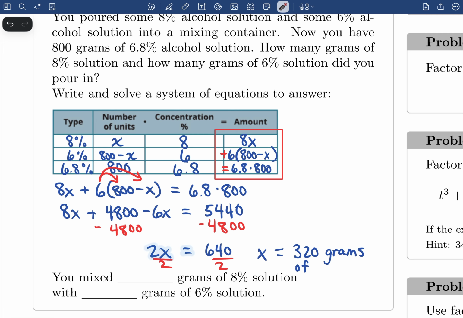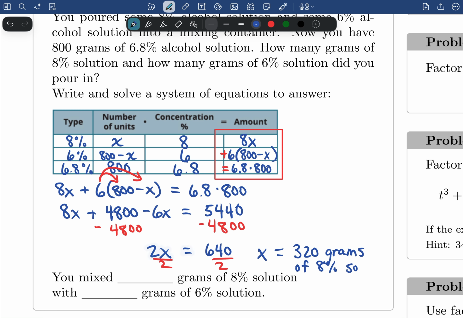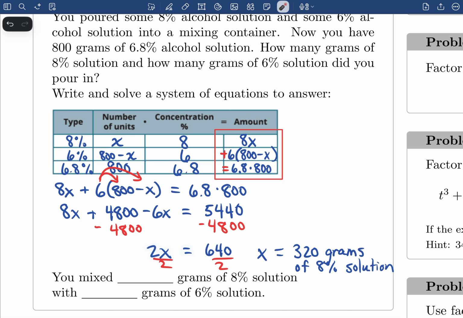Well, x represented the number of grams of 8% solution, right? Great. And so I can start answering my question, or I can go through the answer. You mixed blank grams of 8% solution. Well, yeah, that was 320 grams.